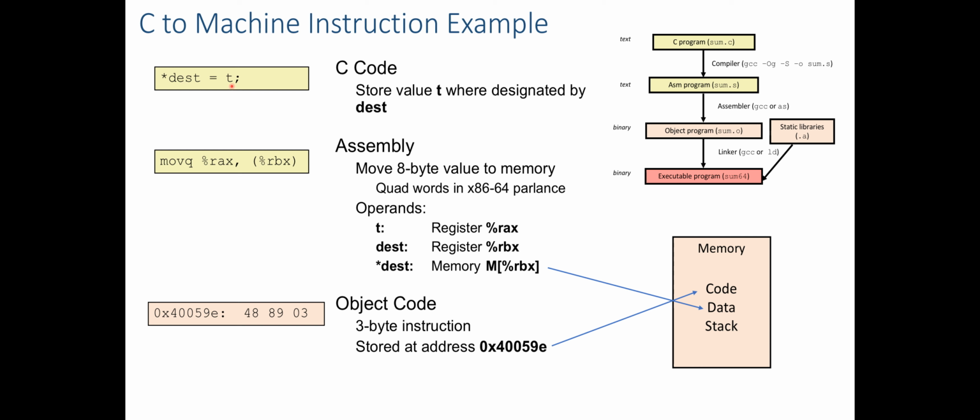And in this case, we're taking whatever is in variable t and putting it in memory where dest is pointing. And we'll get into this pointer dereferencing several times over the next few presentations. But you may want to familiarize yourself with this, because this is something that we're going to do quite a bit of.